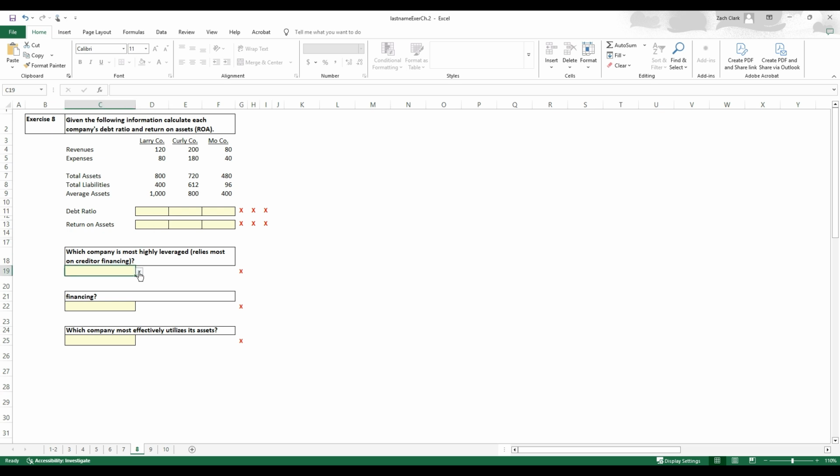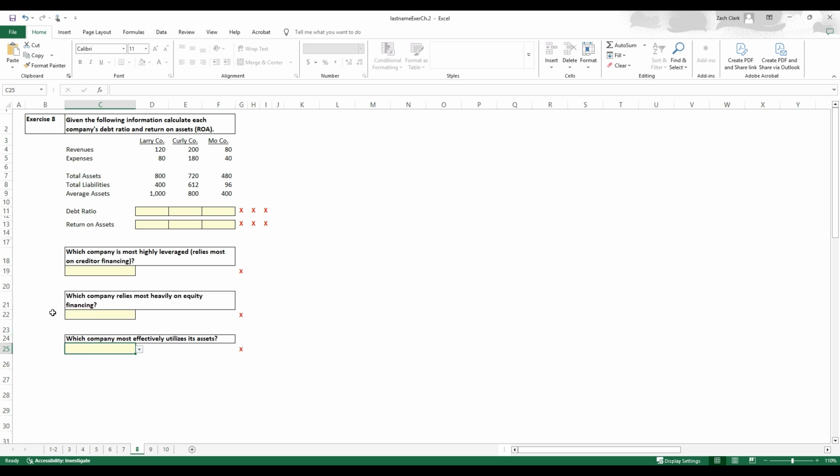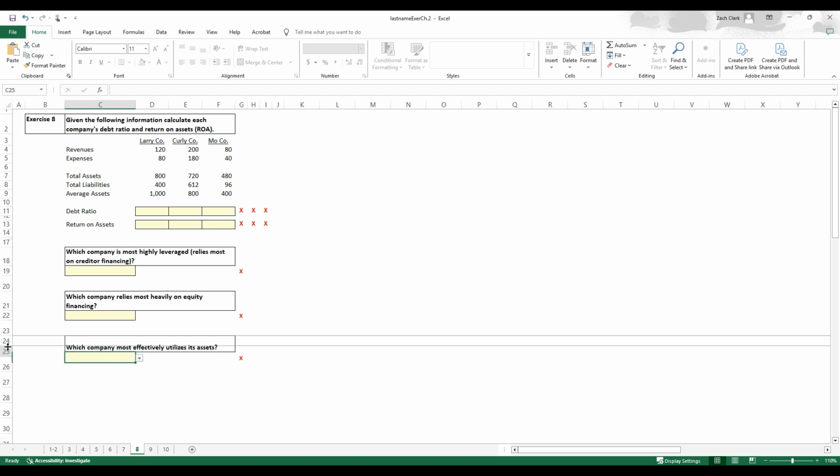Then you can make a selection: which company is most highly leveraged, which company relies most heavily on equity financing, and which company most effectively utilizes its assets.